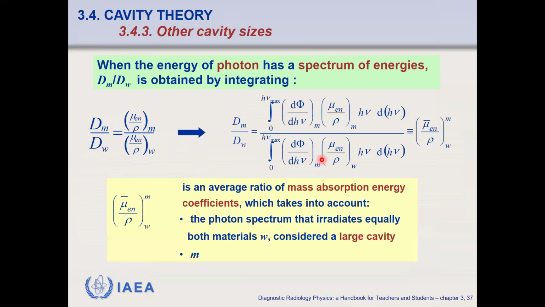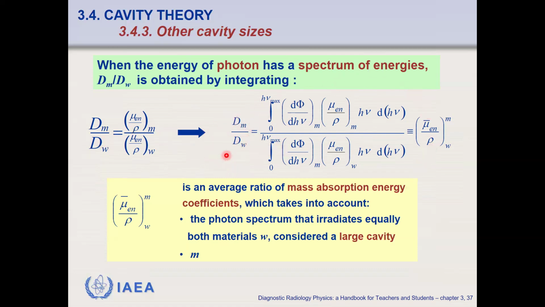Now, when the photon beam has a spectrum of energies, instead of being monoenergetic, the relationship between Dm and Dw is expressed using an energy weighted average of the mass energy absorption coefficients, as given by this equation. Dm over Dw equals this equation.